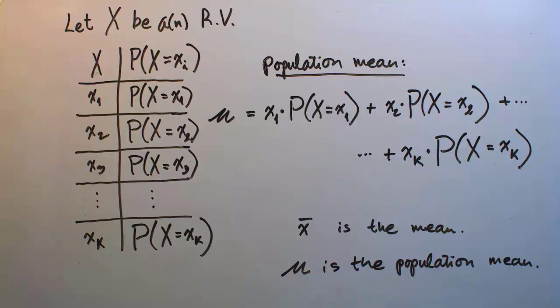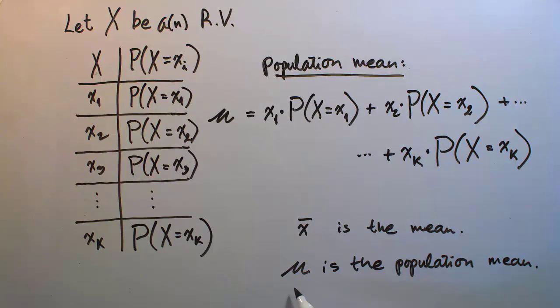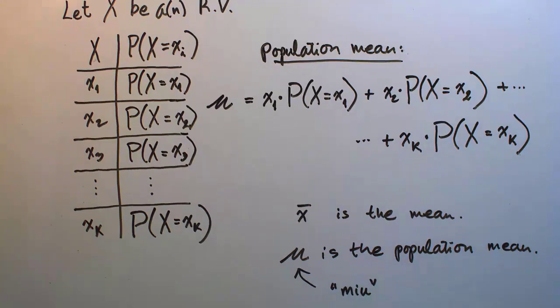And there are tons of website resources showing you how to draw the mu symbol. This is just my style of writing it, but you can look it up on Google and it will show you how to write a mu symbol. The pronunciation is mu. So what exactly is a mu symbol?